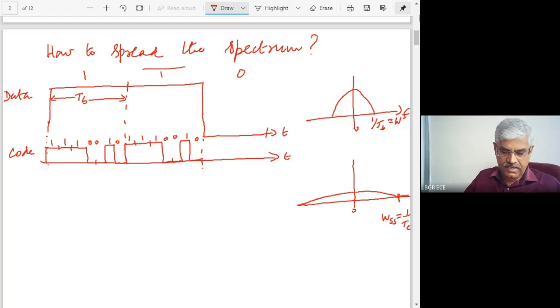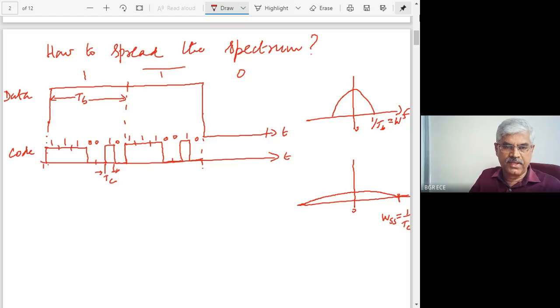Let's assume that we are generating a code like 1110010, again 1110010, and this pattern repeats again and again. This is one type of code; I'll tell you about the property of this code later on. You generate one code like this and multiply this code with this data. This code has a chip duration, called TC.